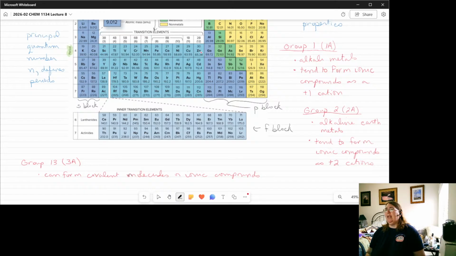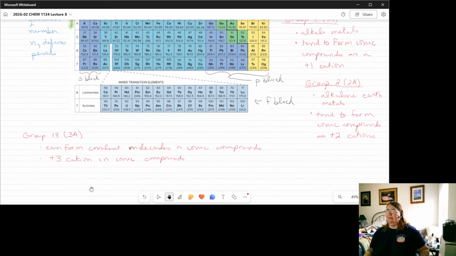If they are forming a compound, they tend to form +3 cations in ionic compounds or 3 bonds and 0 lone pairs in covalent molecules.